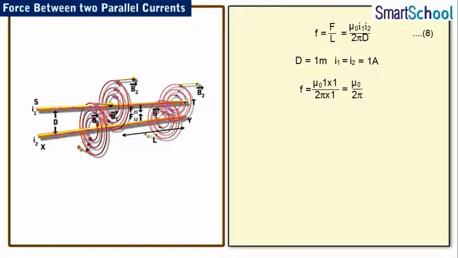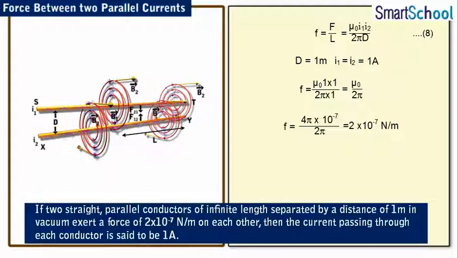On substituting the value of mu naught, which is 4 pi into 10 power minus 7, we get F equal to 2 into 10 power minus 7 newton per meter. Thus, if two straight parallel conductors of infinite length, separated by a distance of 1 meter in vacuum, exert a force of 2 into 10 power minus 7 newton per meter on each other, then the current passing through each conductor is said to be 1 ampere.